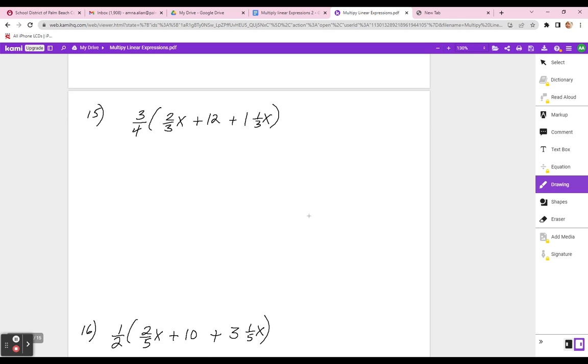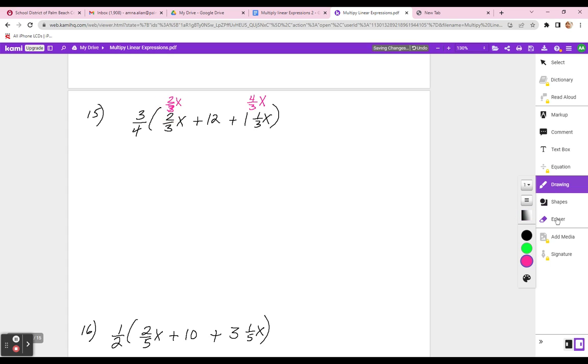All right, so again, look and see if we can combine like terms inside the parentheses, and it looks like we can, but before we combine like terms, we should turn this mixed number into a fraction just like this one here. So this becomes, let me use a different color, 3 times 1 is 3 plus 1, so that's the same thing as 4/3 x. So I can take 2/3 x plus 4/3 x and add them together.